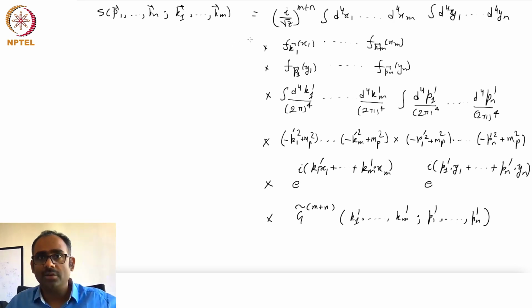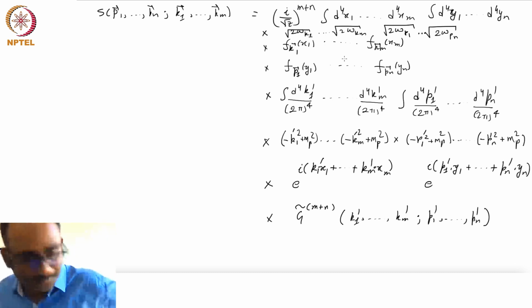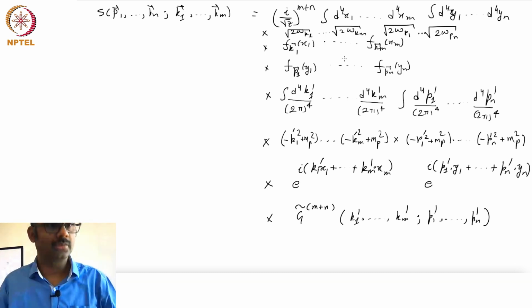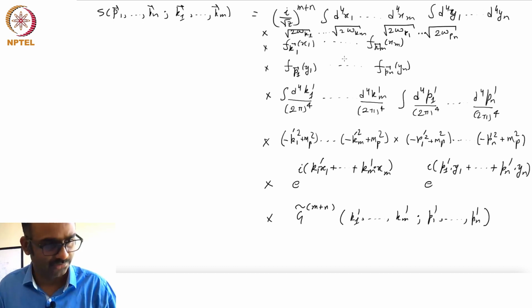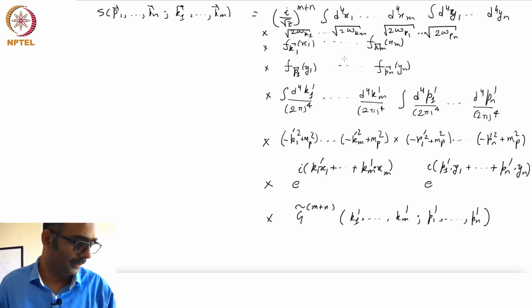And again I have forgotten to write down 2 omega k1, 2 omega km, square root of 2 omega k m, then square root of 2 omega p1, up to pn. Okay. So, that is the result when you express things in terms of g tilde.